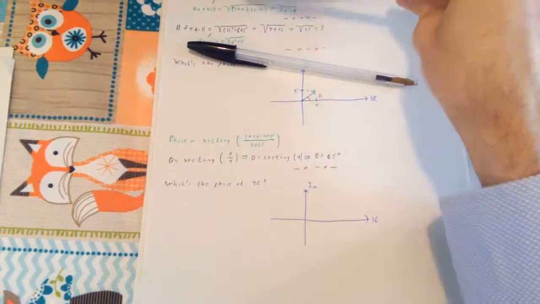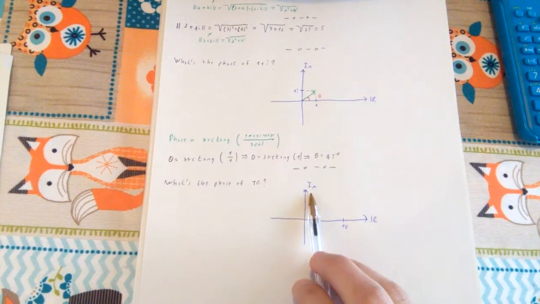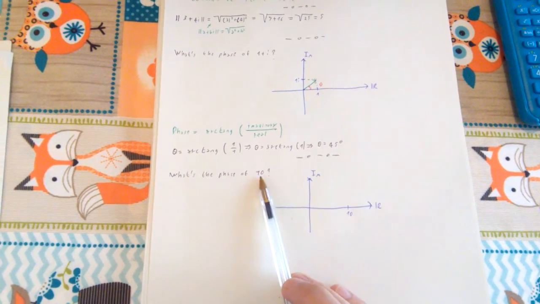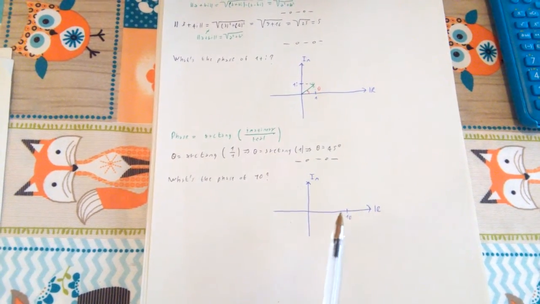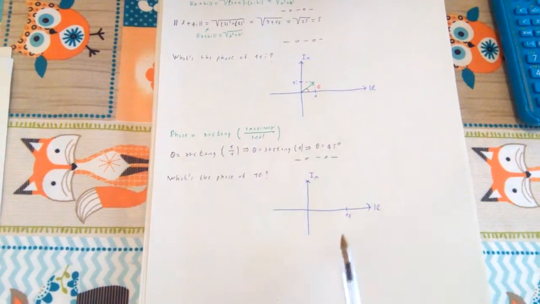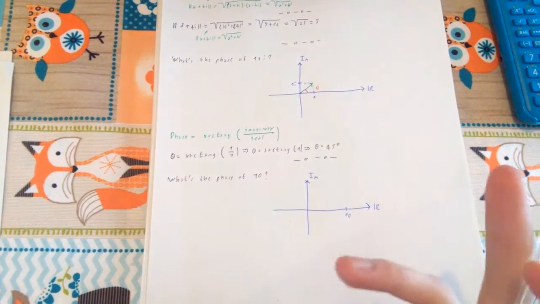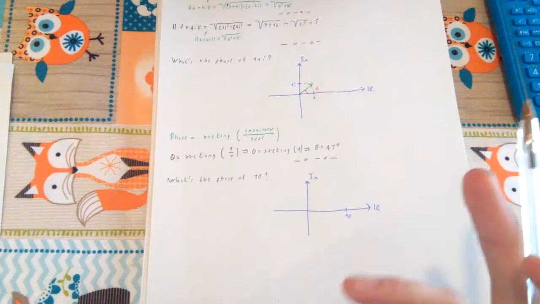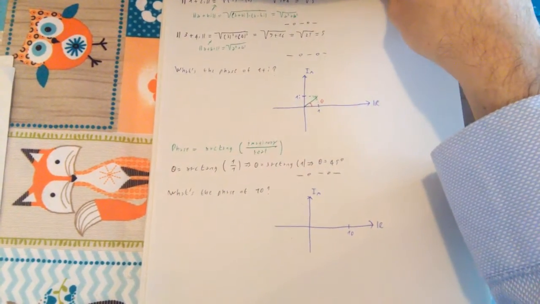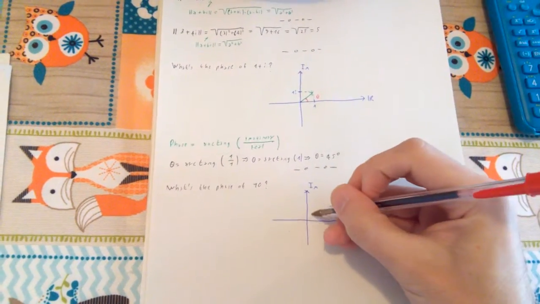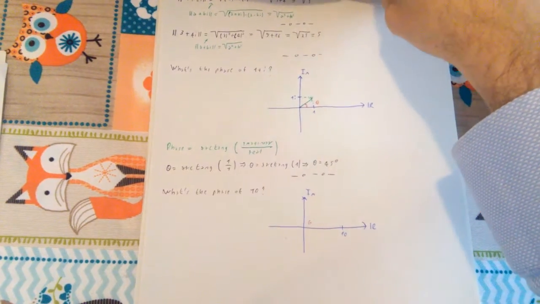it's really easy. So let's suppose that we have 10 here and we have no imaginary number, because any real number can be expressed as a complex number, with a real part and a zero imaginary part. But since we have no imaginary part, this angle here, which is theta, will be just 0 degrees.